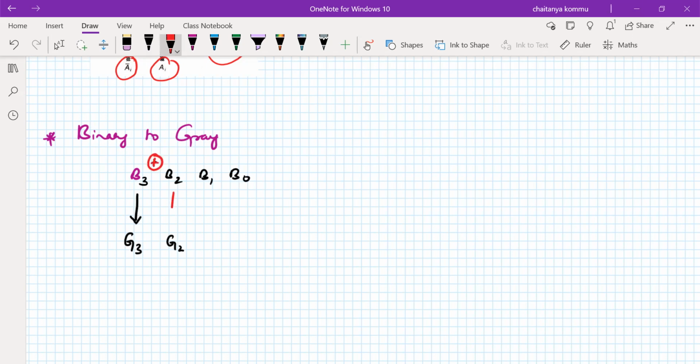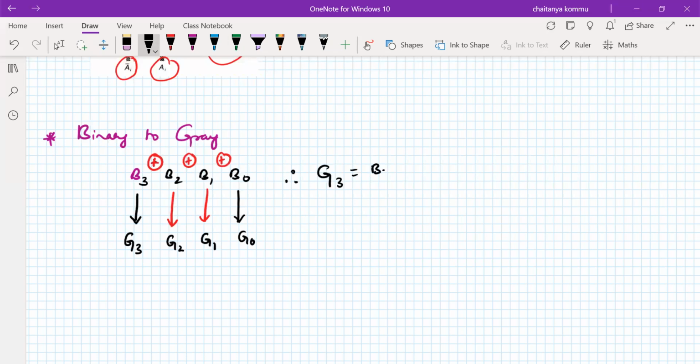So then only we will get G2. If we take another exclusive OR gate here, then we will get G1. If you perform the XOR operation between these two, what we will get? We have G0.